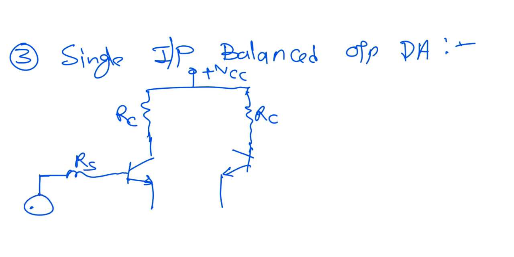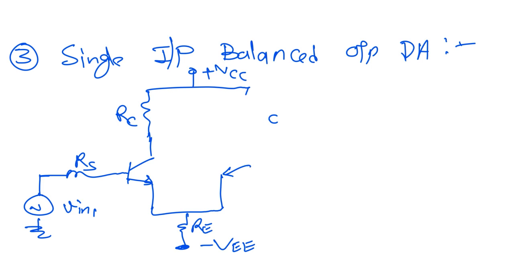It is a single input, so I will just draw one input, V in 1, then emitter resistance RE, which is given to minus VEE, and the other input terminal I will connect to the ground.